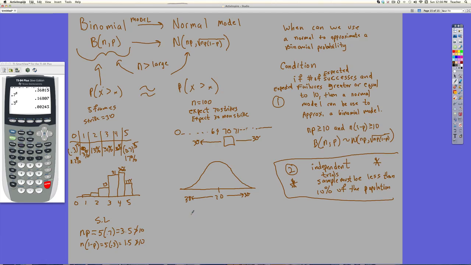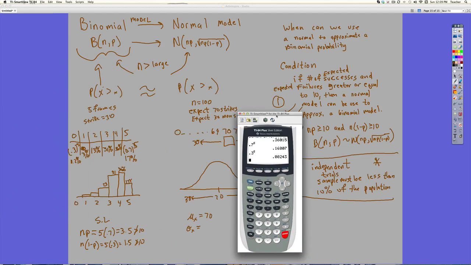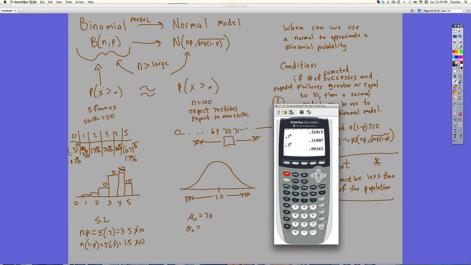For example, we could find the standard deviation of this. What would be the mean of x? I found that already. That's 70. I'm showing you why this works. Here's the formula for my standard deviation: the square root of n times p, which is 70, times 30%, because that's the failure.